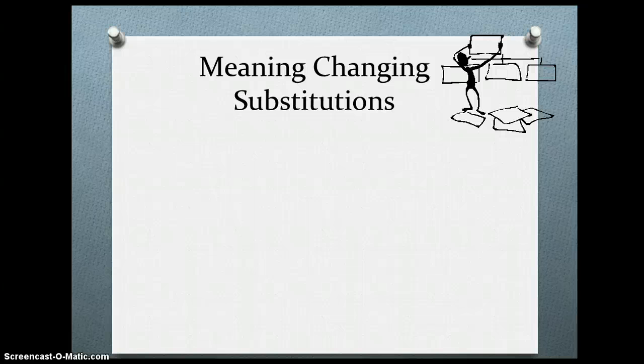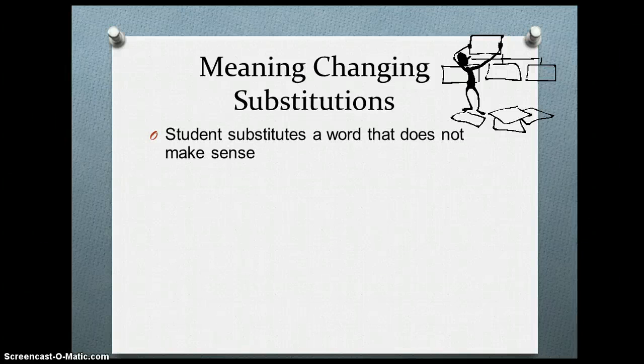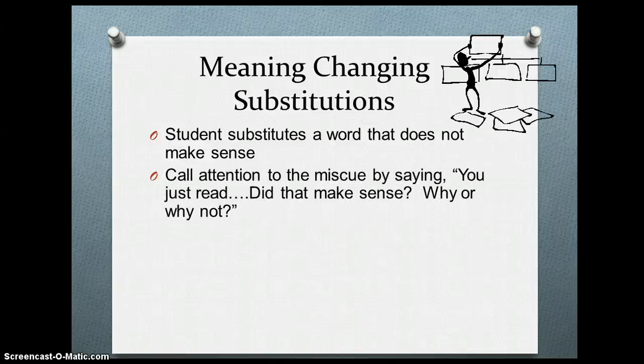So let's talk a little bit about meaning changing substitutions. This is when a student substitutes a word that does not make sense. Call attention to the miscue by saying, you just read blah, blah, blah. Did that make sense? Why or why not? Giving them that immediate feedback and making them aware of the miscue often will help.